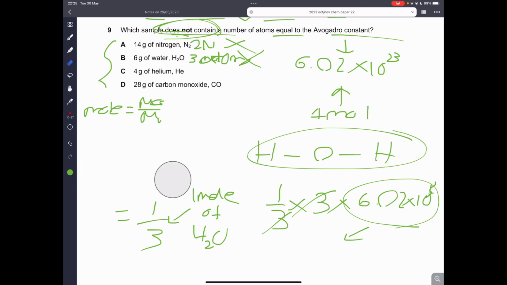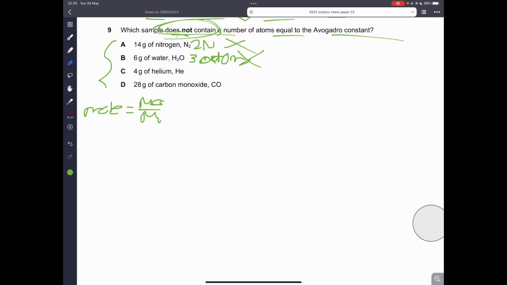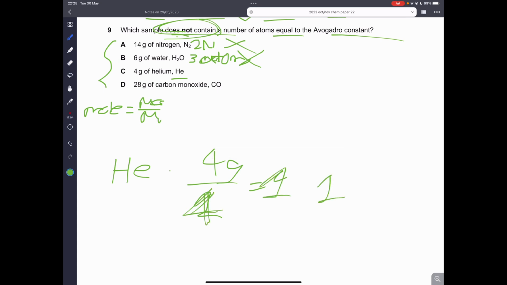Now let's go on to the next one. The helium one is relatively simple, because it is monoatomic. So 4 grams divided by 4 is equal to 1, and 1 multiplied by 6.02 times 10 to the power 23 is equal to the Avogadro constant.